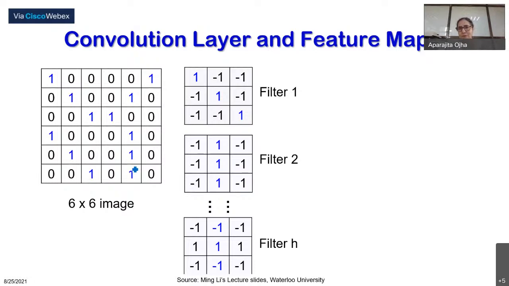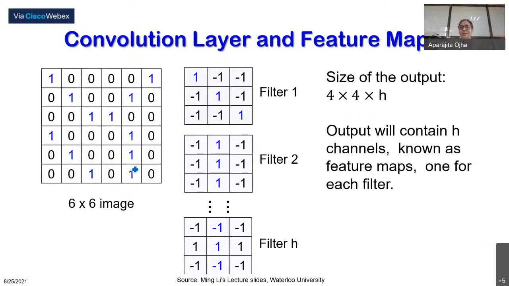So suppose there are H filters. What will be the size of the output? I told you, it is a 6x6 image with a stride of 1 and a 3x3 filter. You will be getting the size of the output as 4x4xH. So output will contain H channels. These channels are known as feature maps for each filter. So each filter produces one feature map, right?